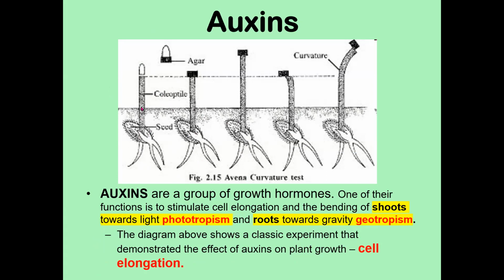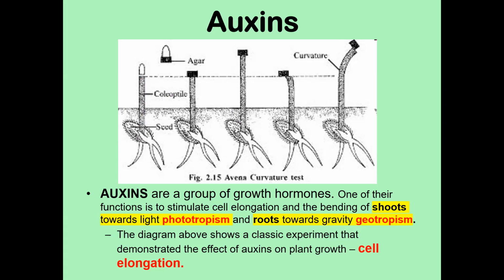Here's a plant, whatever an avena is, I don't know, but a seed has germinated, the coleoptile comes up, and they cut off the stem tip. They have a piece of agar. Now, agar is a type of jelly made from seaweed, which we use a lot in labs, you know, for growing bacteria or whatever.